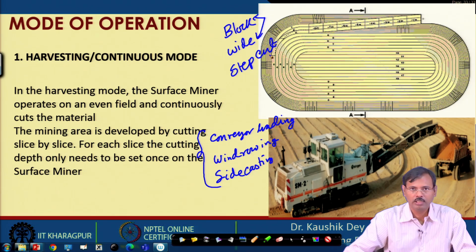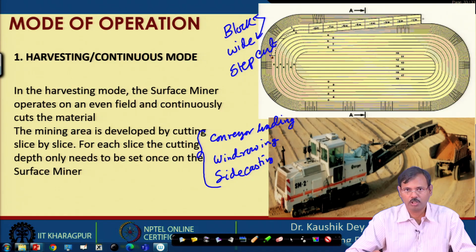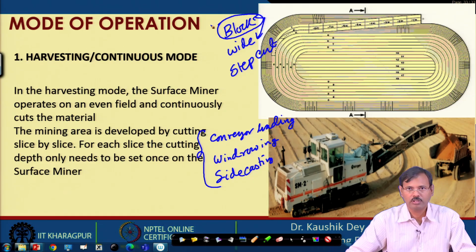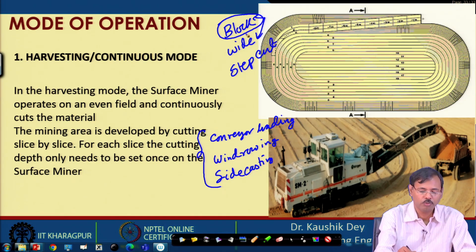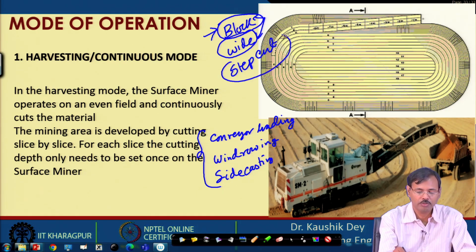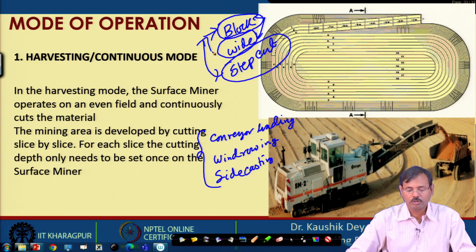Some blocks are taken differently, and blocks are considered as having different grades, while wide is homogeneous. In block cut we are excavating the grades separately, and in step cut we are allowing the blending of the grades. So, that is basically opted for this technology.